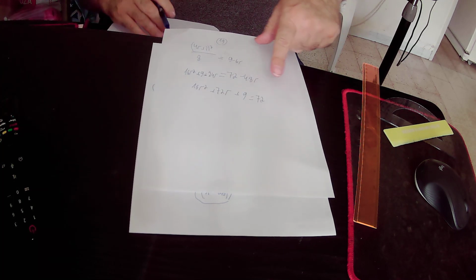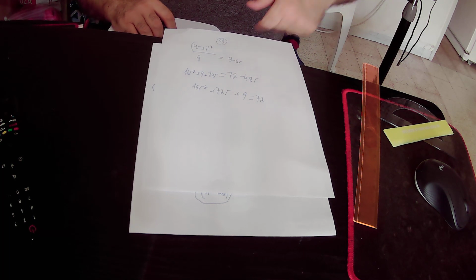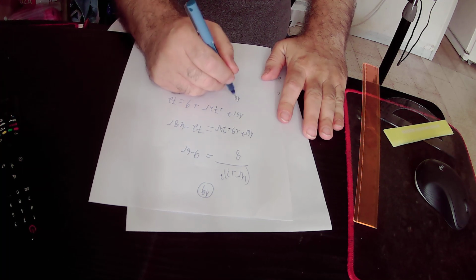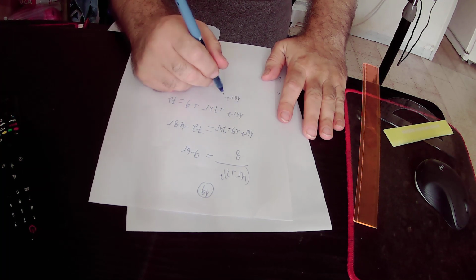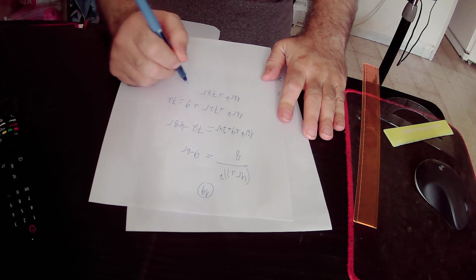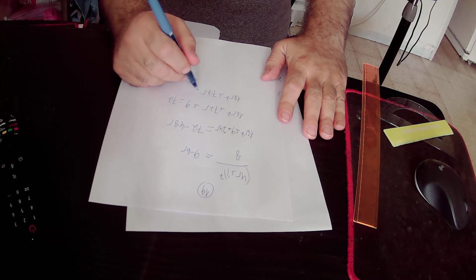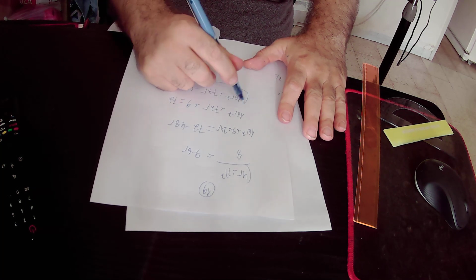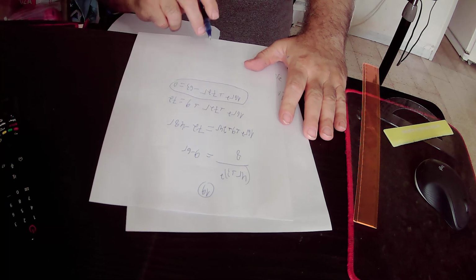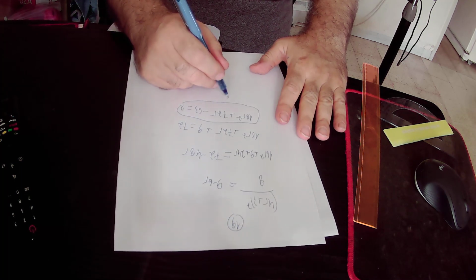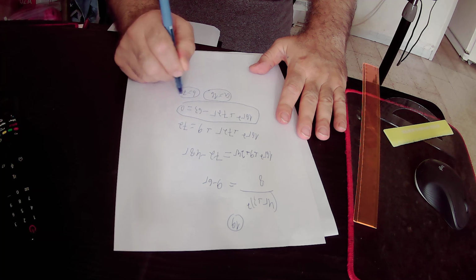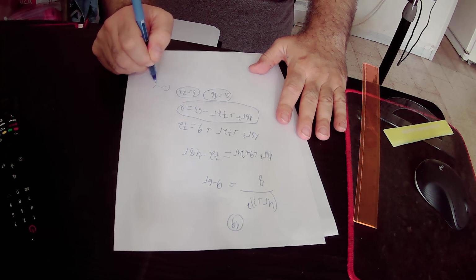Here we will subtract 72 from this equality and we will get that 16r squared plus 72r, 9 minus 72 is minus 63, all equals 0. So we got a quadratic equation. In this quadratic equation, a equals 16, b equals 72, and c equals minus 63.